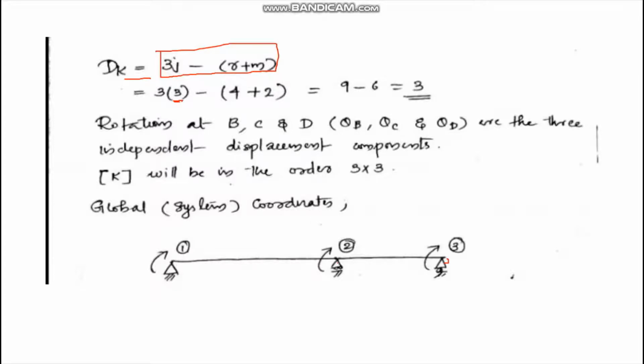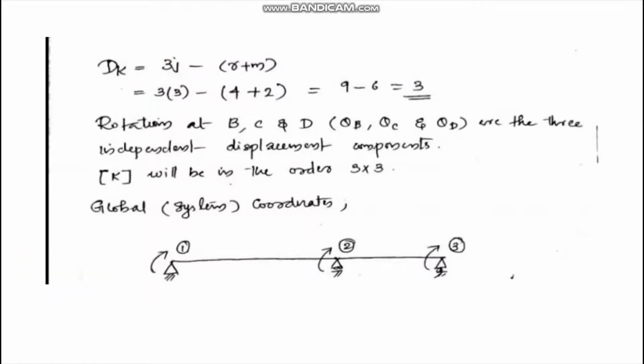Number of reactions: since this is a fixed joint, and this is a roller and this one is also a roller, we have 2 here, 1 reaction here and 1 reaction here, a total of 4 reactions. Number of members is 2. So the degree of kinematic indeterminacy is 3.